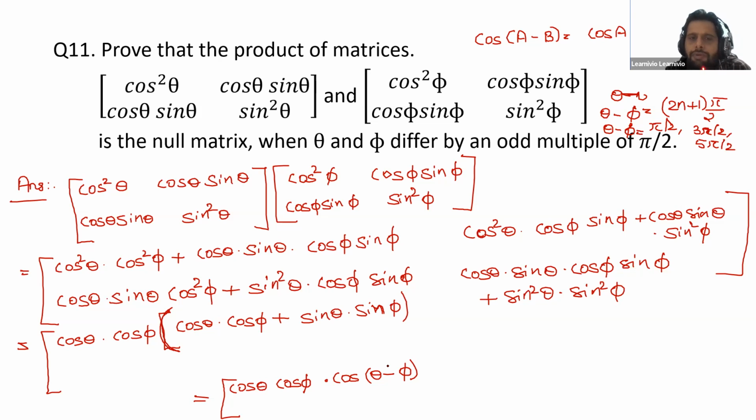So cos of all odd multiples of pi by 2 have the value 0. So in place of this, you can put 0 at all the places. Then can you tell me, are you getting the null matrix? If you put 0 at all the places.